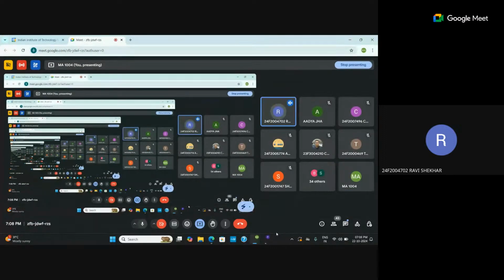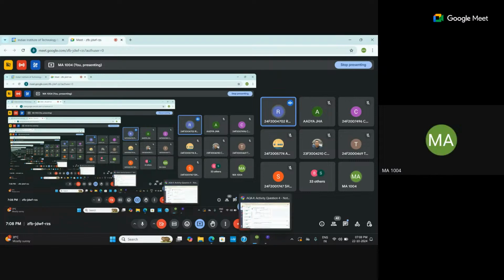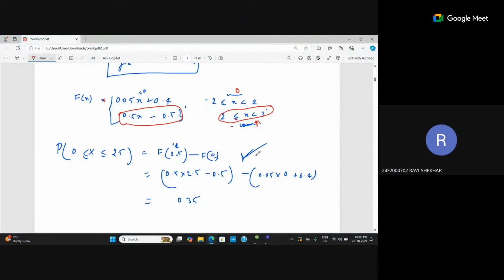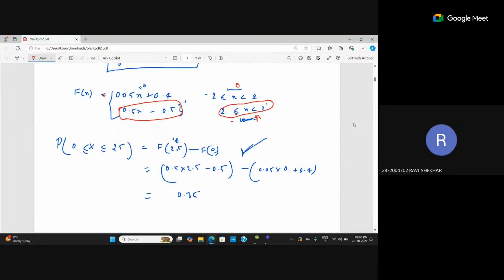Ma'am, in the last question, just now what we solved, the activity question. If I say F of 2.5 minus F of 2, minus F of 0, because if we go by that equation of line, in different regions the equation is different.